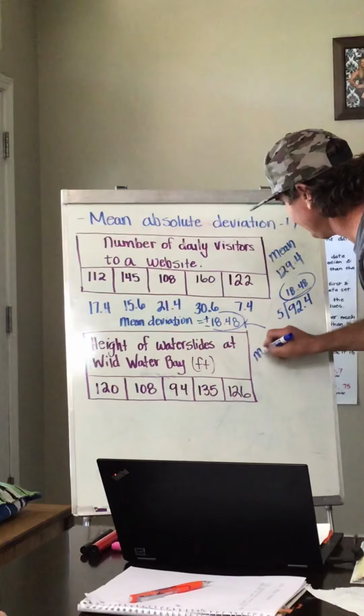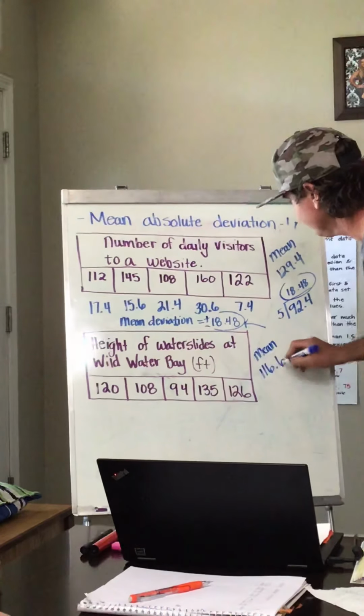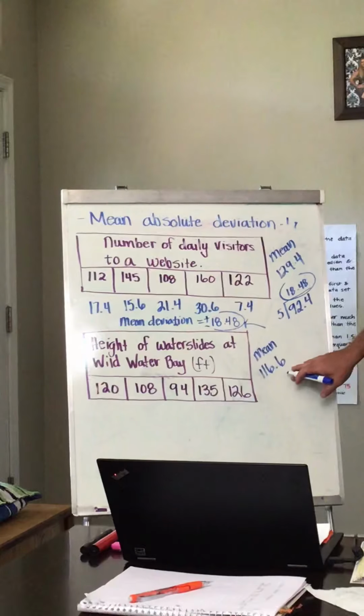Okay, what do we get for a mean? I got 116.6. Perfect, that's what we all got. All right, 116 and 6/10.